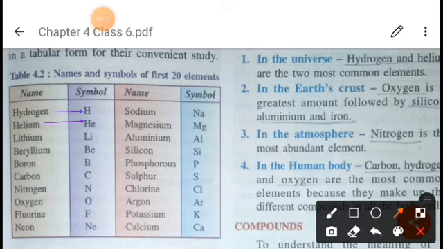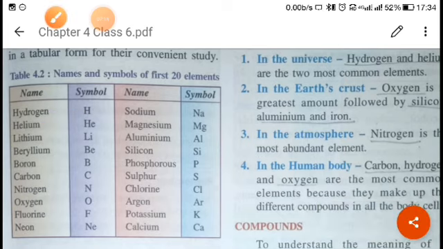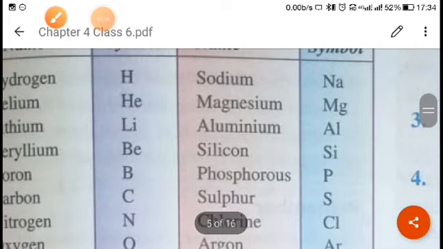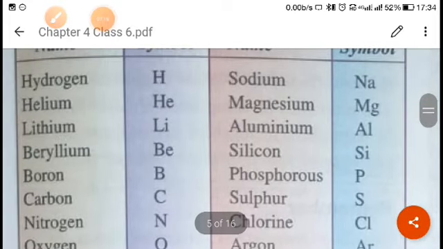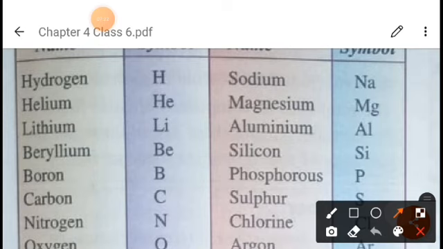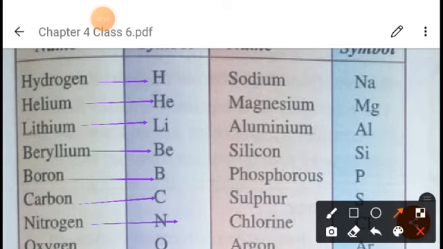For helium the symbol is He. Let me make it a little bigger so that you can see it nicely. For hydrogen, H. For helium, He. Lithium, Li. Beryllium, Be. Boron, B. Carbon, C. Nitrogen, N. Oxygen, O. And in the same way, sodium, Na.